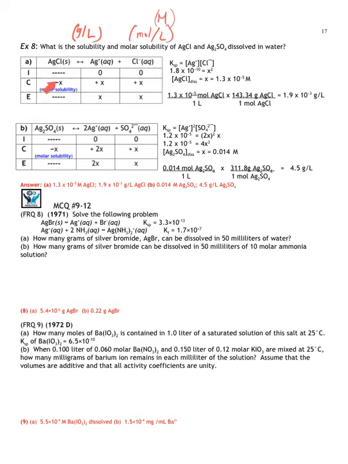However much I dissolve of the silver chloride is how much I make of these two dissociated ions. So 0 is how much we start off with between the two, and x will be how much we have at equilibrium.